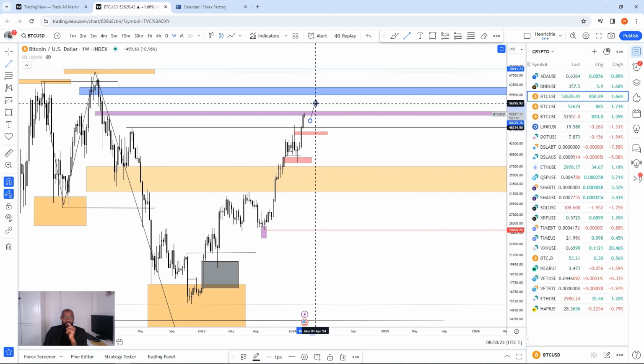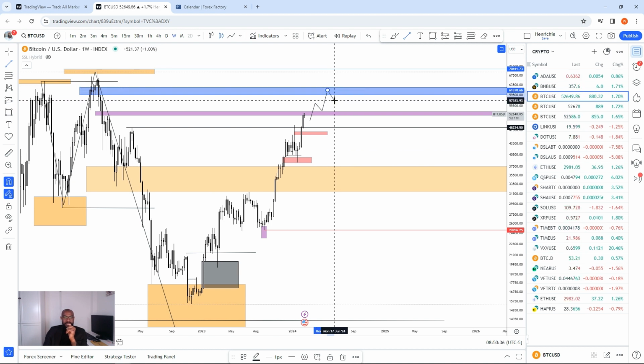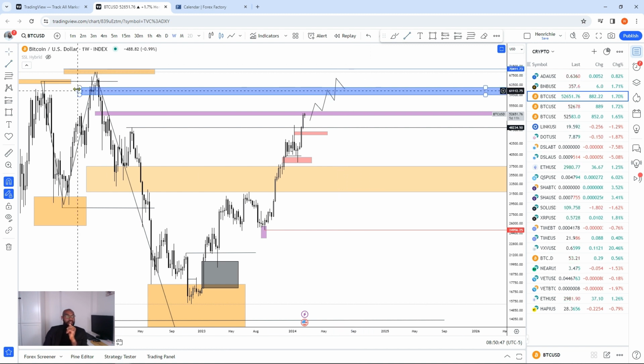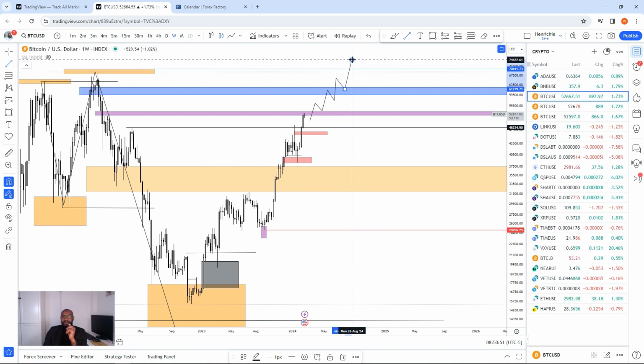And the moment we smash through it, I like to see price use it as support. And this right here is going to be the next draw on liquidity, 60,000. And if this position doesn't send us to the downside for retracement, then I'd like to see it smash through, use the support, and then new all-time high on Bitcoin will be inevitable.